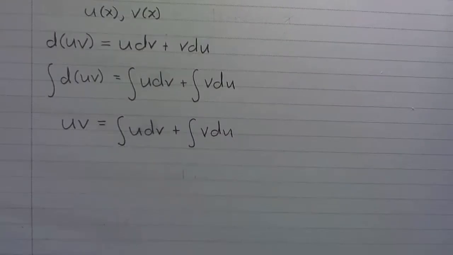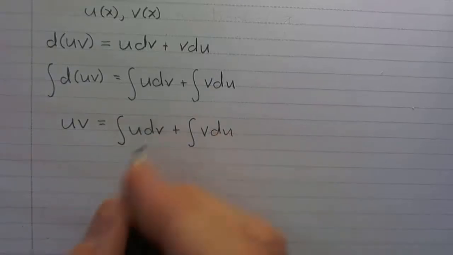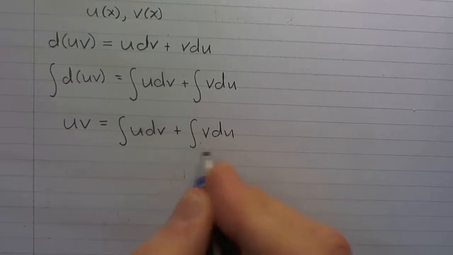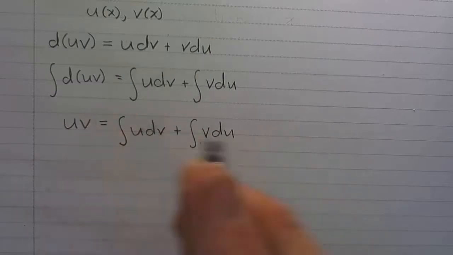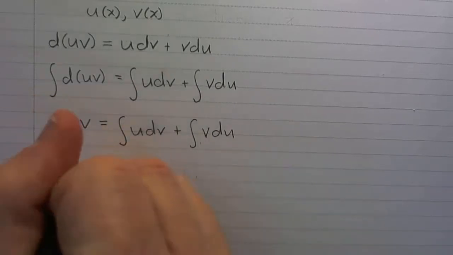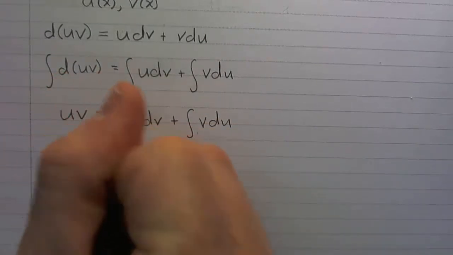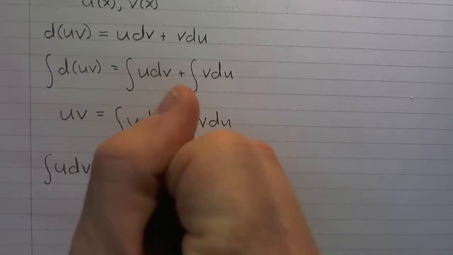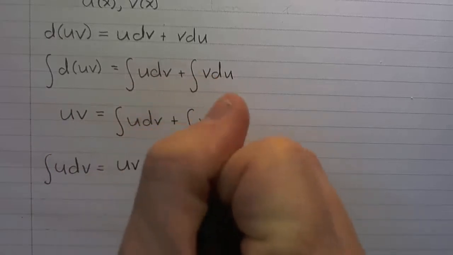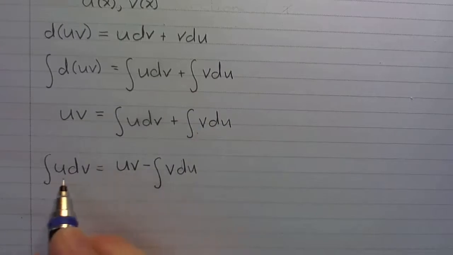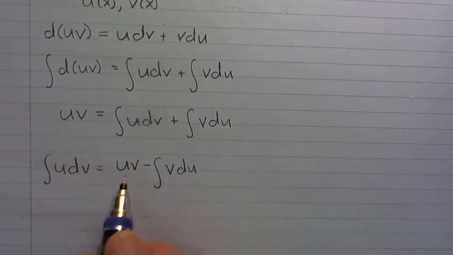Now I'm going to do a little bit of rearranging here. I'm going to keep this one where it is, and move this integral over here with the uv. So what I'm going to have is the integral of u dv equals uv minus the integral of v du. This right here is the formula, if you will, for integration by parts.